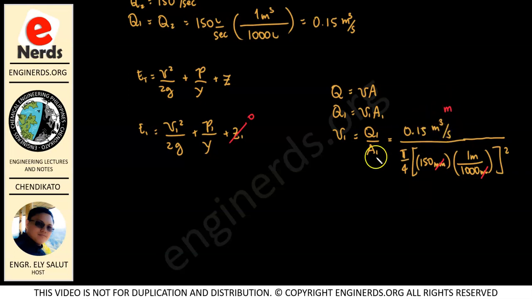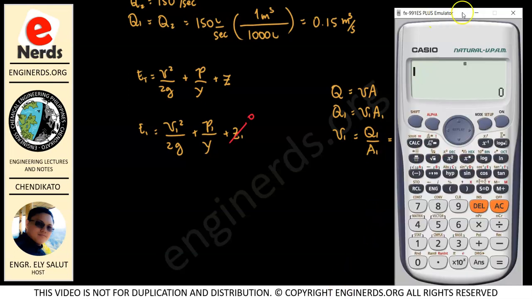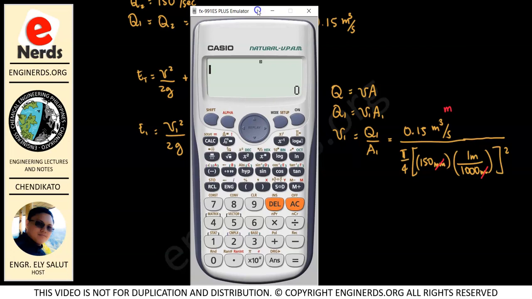No? So now let us calculate for the value of our velocity. So we have 0.15 divided by pi. Okay, so 4 is denominator ng ating denominator, no? So therefore we need to multiply this by 4. Okay?